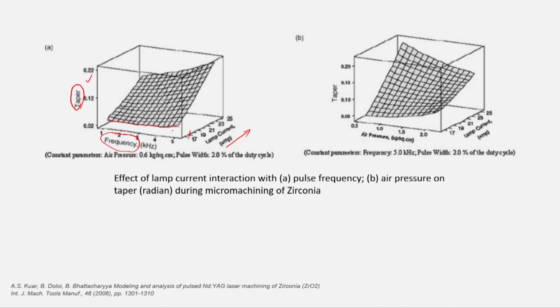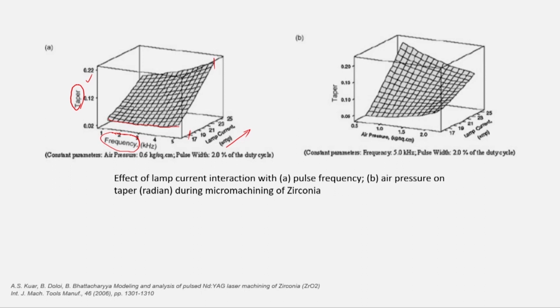The taper has a horizontal relationship. There is no significant enhancement in the taper when we increase the frequency at low level of lamp current. However, if we increase the lamp current, then the taper increases.